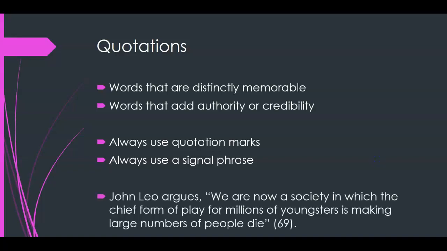So this example comes from the textbook. One of the articles that you read out of one of the chapters was by John Leo. And so here we have the quotation. John Leo argues. Most signal phrases, if you remember this discussion, is author's name and a verb or according to author's name. Now, if you don't have an author's name, then you would replace that with whatever you put first in the works cited entry.